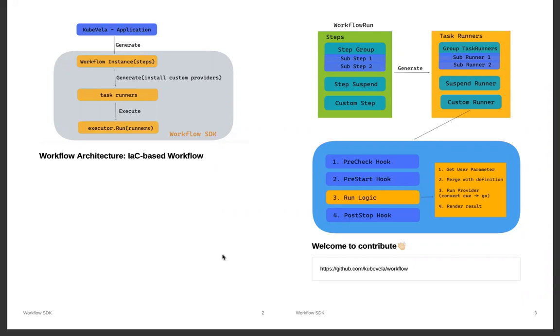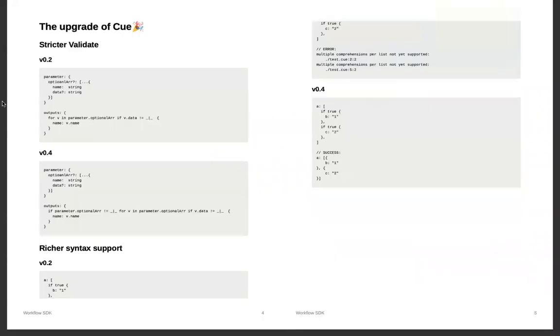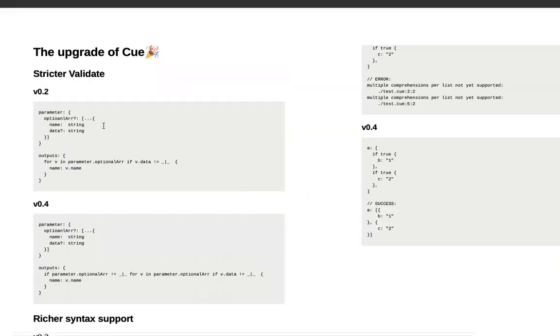Okay. Cool. So if there's no other questions, we're gonna jump to the second part here, the upgrade of Q. In the past version of KubeVela, we are using the 0.2 version of Q. But the Q community has already changed a lot, and its current version is 0.4.